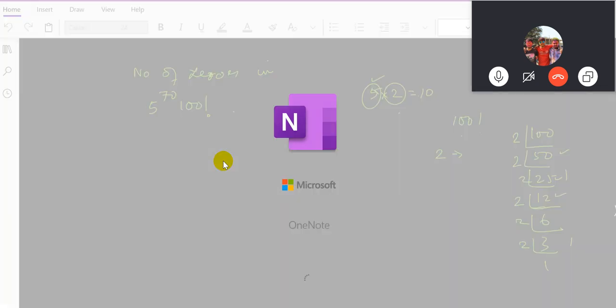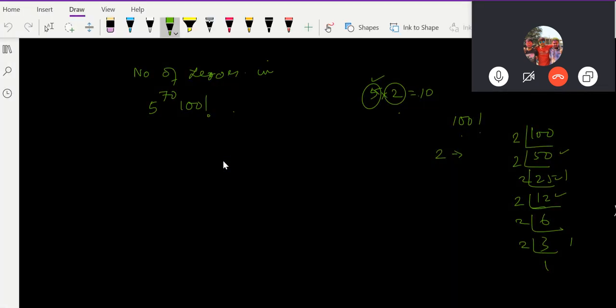So we have 97 2's in 100 factorial. How many 5's do we have? 24. So there is a factor 5 to the power 74 here... not 74, sorry, 94.